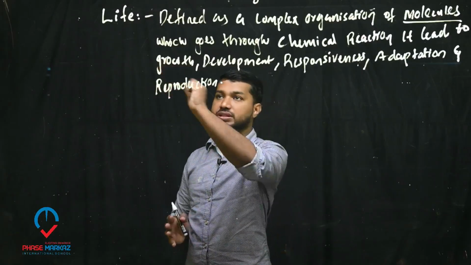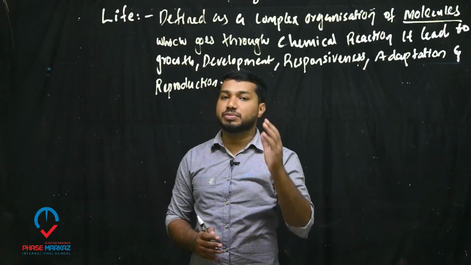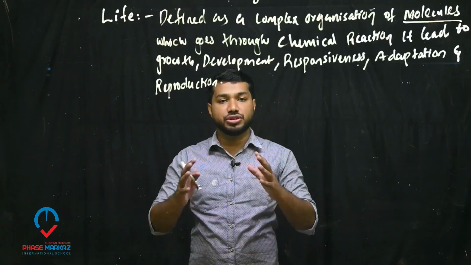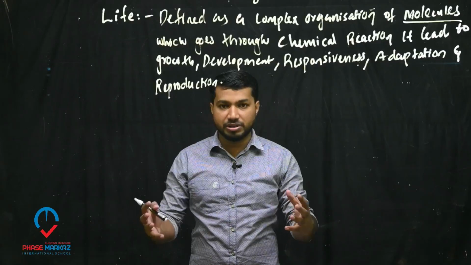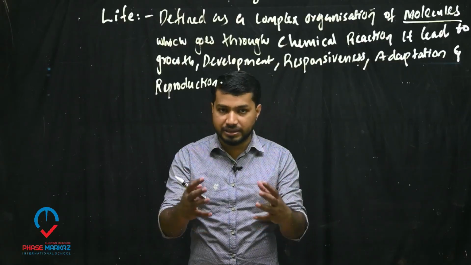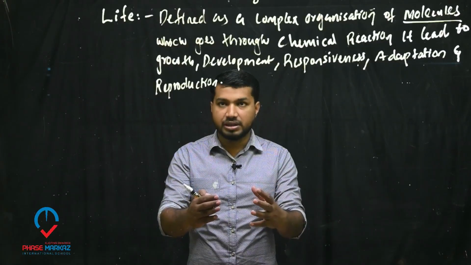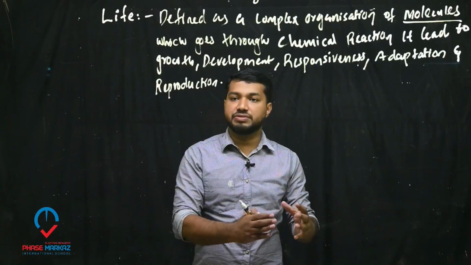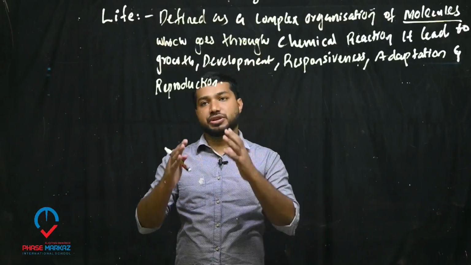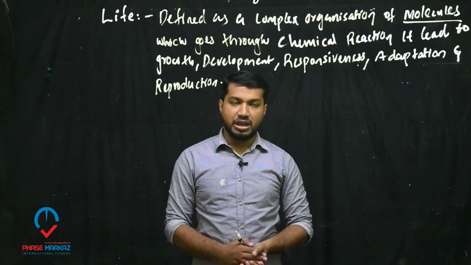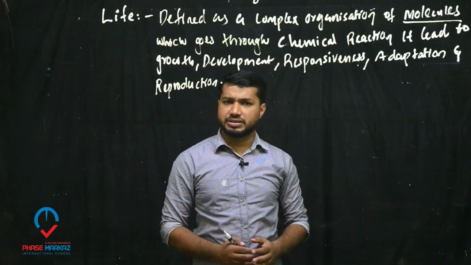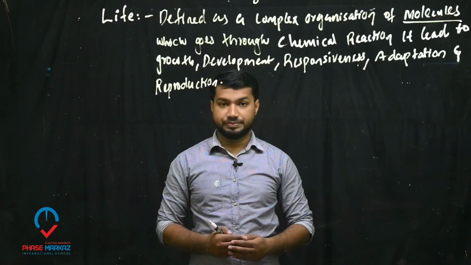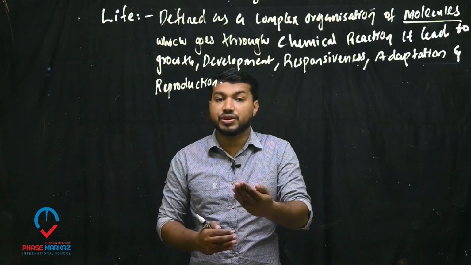Hope all of you are clear on the definition of life. Life is a complex organization of molecules that go through chemical reactions, and as a result it leads to growth, development, responsiveness, adaptation and reproduction. What is the meaning of responsiveness? Responsiveness is the ability to respond to stimuli, to respond to the environment.